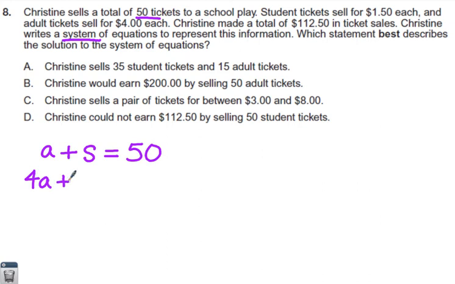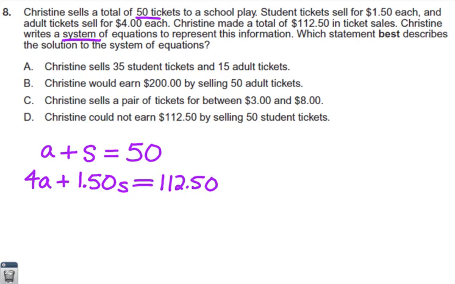And then I'm going to want to multiply S as my number of student tickets by 150. Because doing this multiplication will get all the money I made from selling just student tickets. And then when I add those together, I get my $112.50 total.